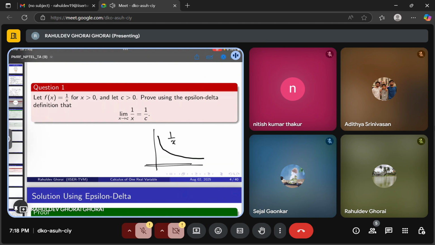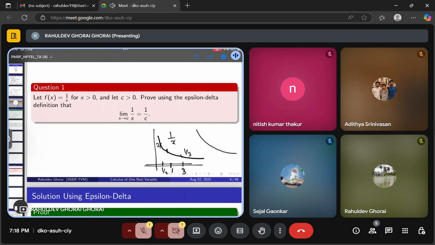1 by x function. As x tends to c, let's say x is 1, it will be 1. If x is half, this will be 2. And if x is 3, it will be 1 by 3. It is very easy to observe that the function is continuous; you can very smoothly draw this function.